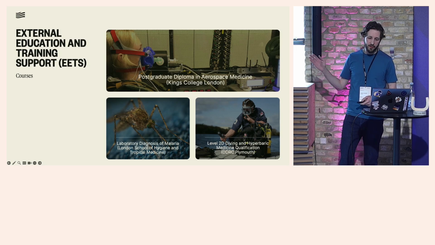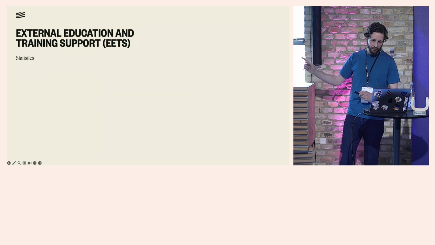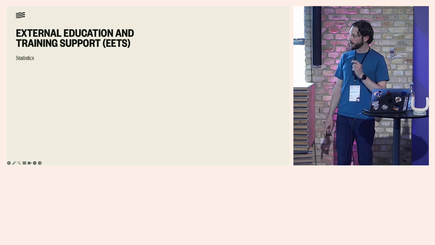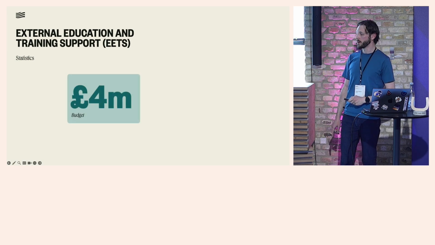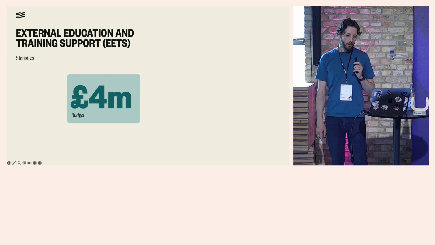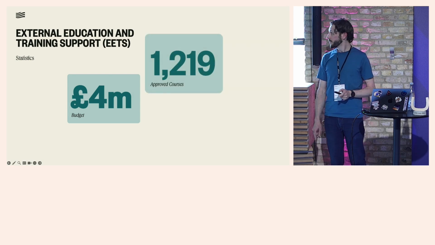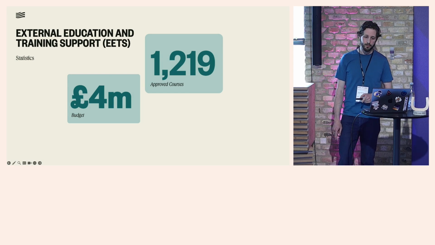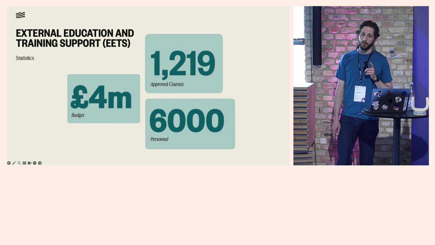So this tool was for the EATS team themselves. They support a budget of around about £4 million to deliver these courses throughout the year. They have over 1,000 approved courses that people can choose from. They need to support about 6,000 personnel.